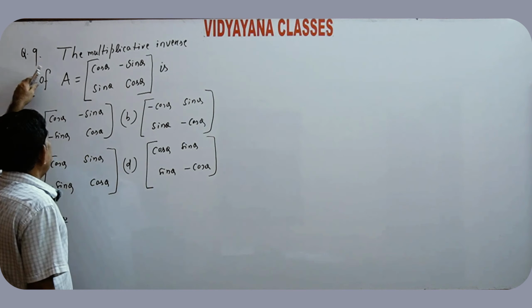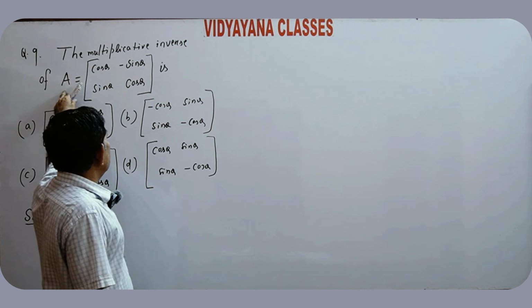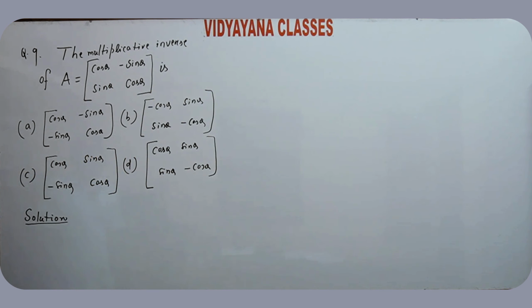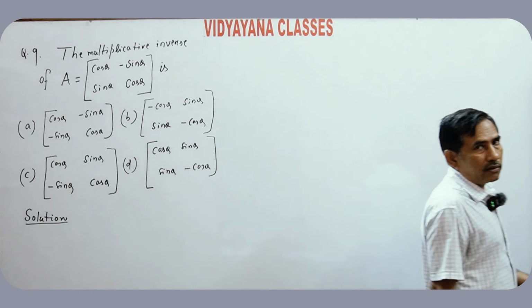Next, question number 9. The multiplicative inverse of A is dash. It is a multiple choice question, so we can apply the shortcut method.